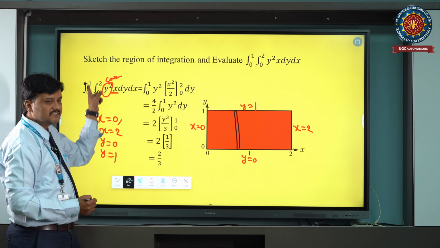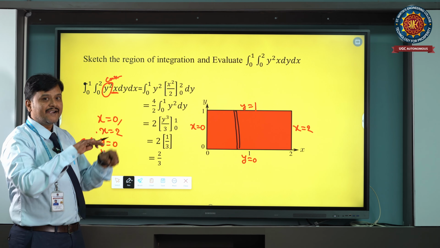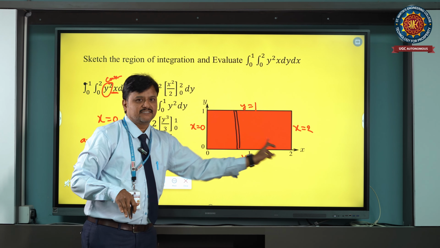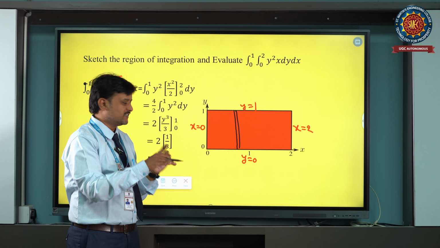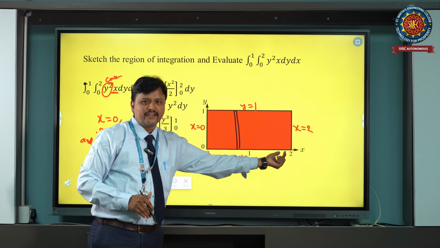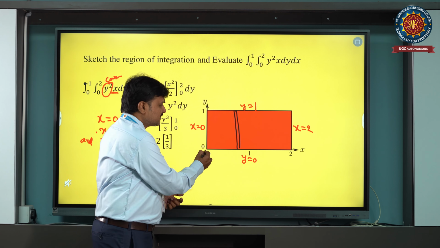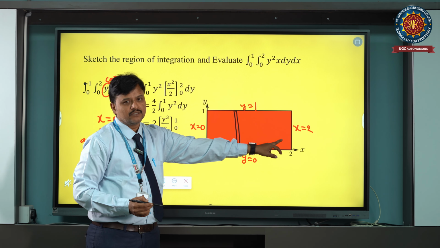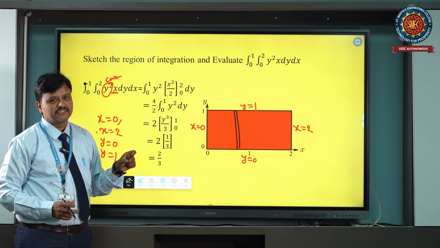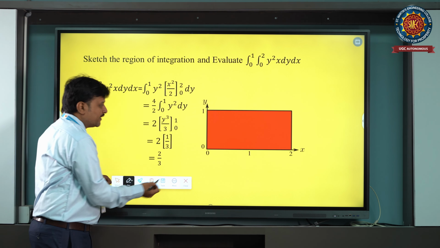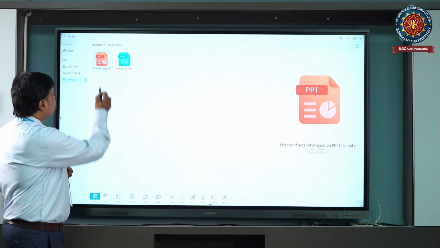From left-hand side to right-hand side, it slides along the x-axis from x is equal to 0 to x is equal to 2. Like that, we can take the region of integration. That is very, very important, finding the region of integration.